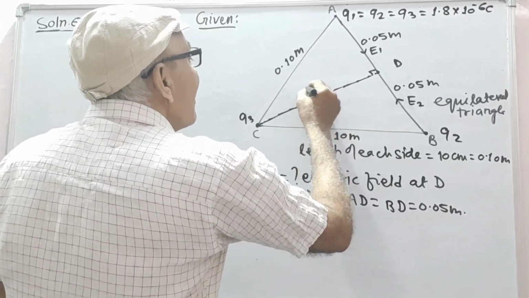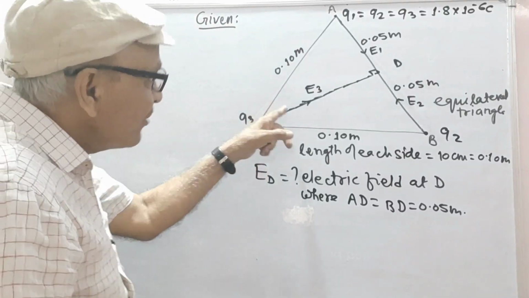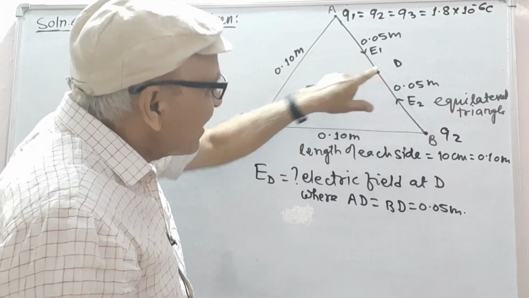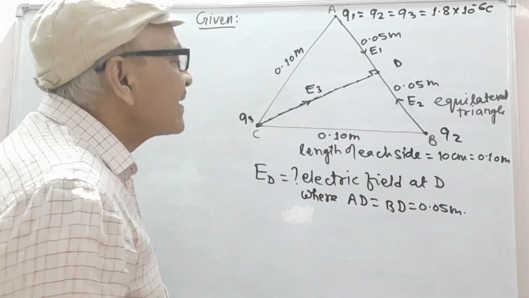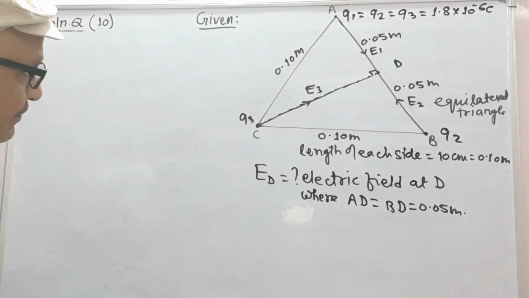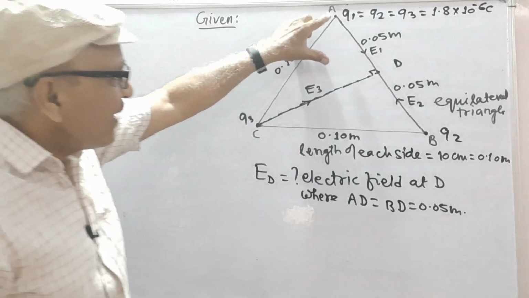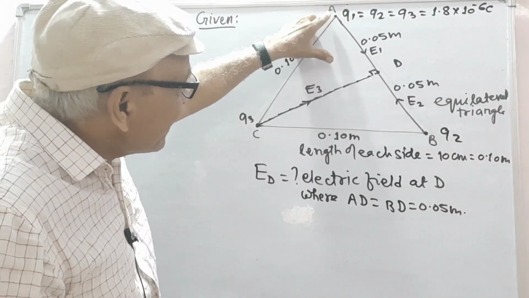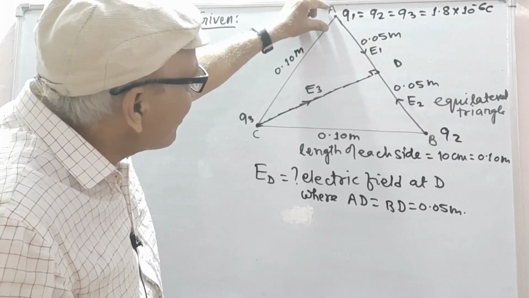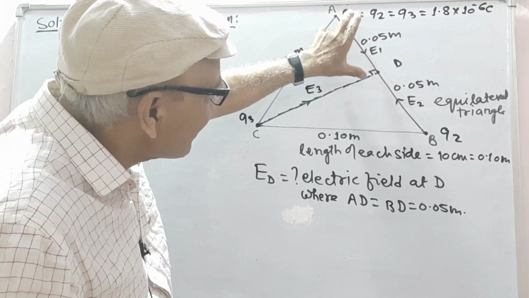So, we have three electric fields, E1, E2, E3, and we have to find the resultant electric field at point D. Here, electric field intensity at point D due to charge Q1 will be equal to 1 upon 4 pi epsilon 0, Q1 upon this distance square.